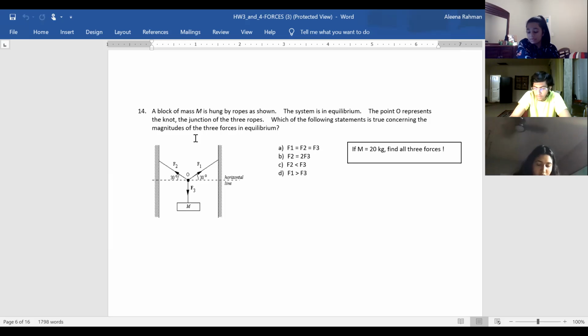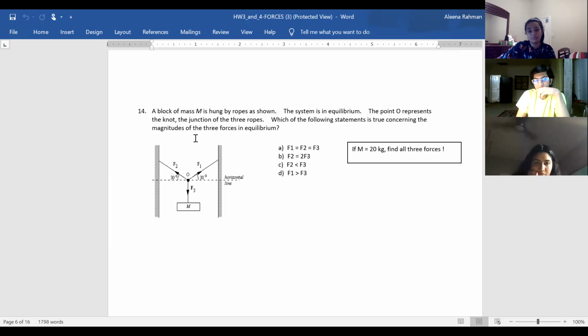Okay, this part I was a little bit confused about, because I didn't really understand when she was talking about it. Reading what I wrote down, she said 2F1 sine 30 equals mg. The horizontal forces are acting in opposite directions, so they cancel each other out and we don't have to worry about those.